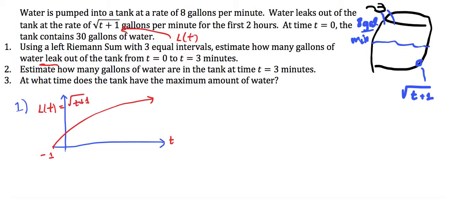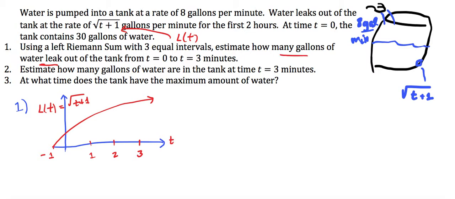And we want to estimate between 0 and 3 minutes, using 3 equal subintervals. So each of the intervals is going to be 1 unit, since it's going from 0 to 3. We want to see how much water leaks out of the tank, so how many gallons.